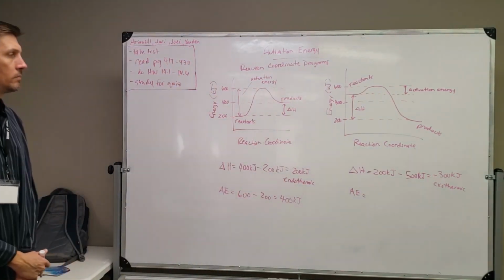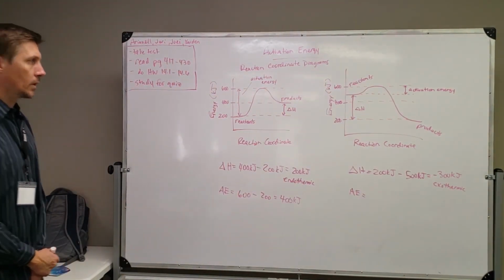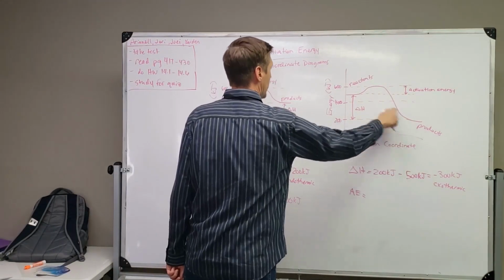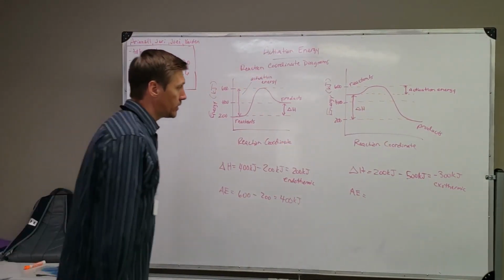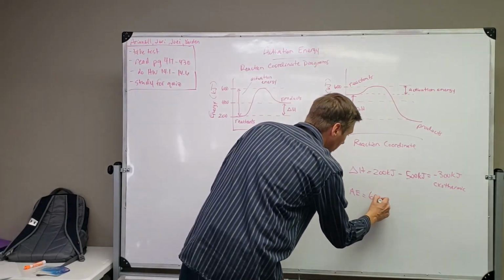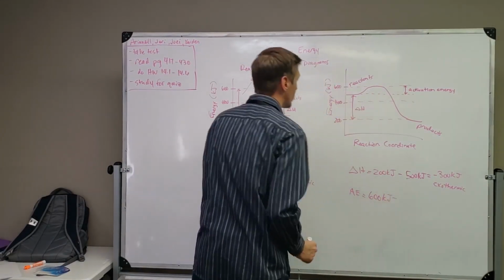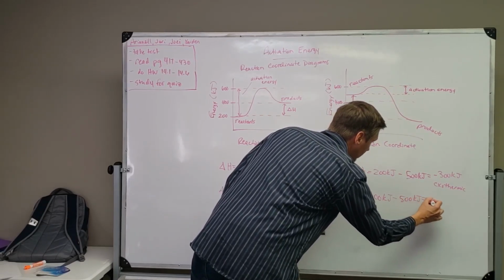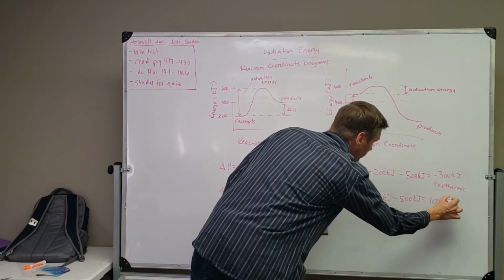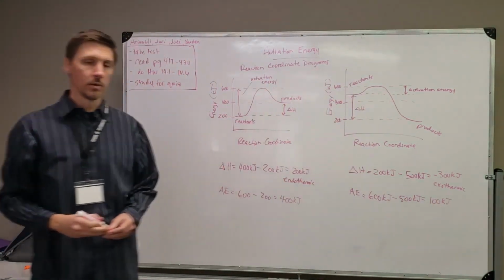Right? The ending energy value minus the starting energy value. And then the activation energy is the peak energy value minus the starting energy value, which was 500. So the activation energy for this one was 100 kilojoules.